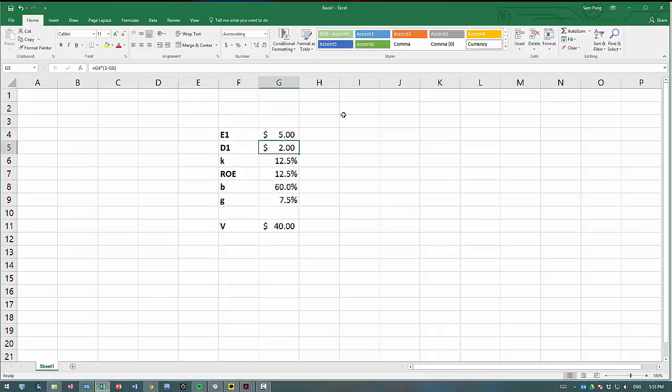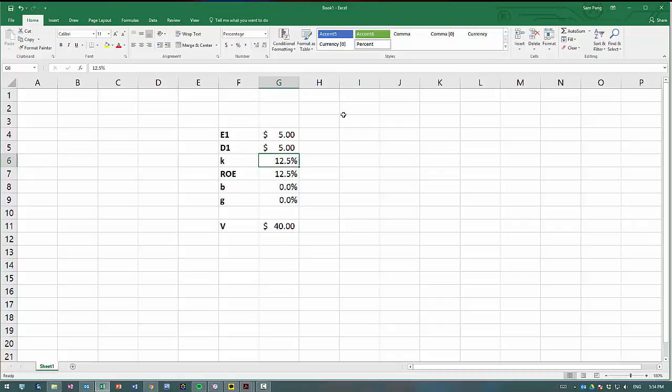So here's the earnings, $5. Now if the retention rate was 0, then $5 earned, $5 paid, and here I have the discount rate of 12.5%, and return on equity is the same.